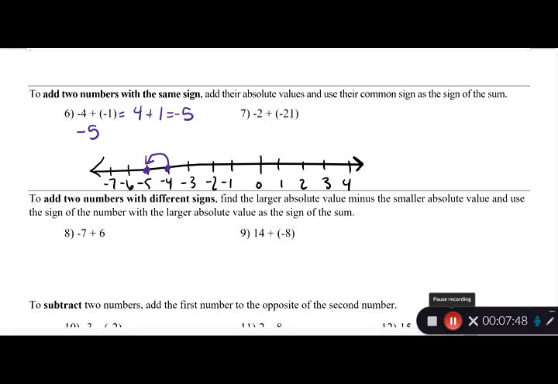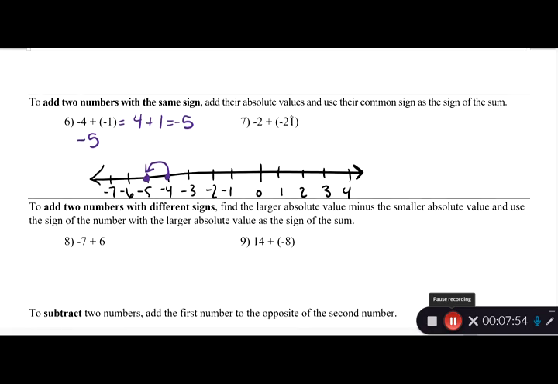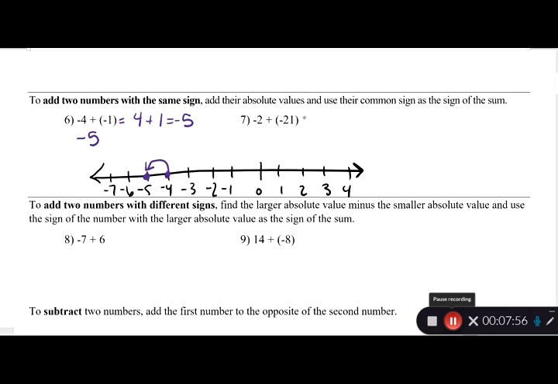Again, they're the same sign, so I'm saying I'm borrowing more money. I'm going more negative. If I use the absolute value of -2 would be 2, and the absolute value of -21 would be 21. If I add those two, I get 23, and their signs were negative, so it's a -23.